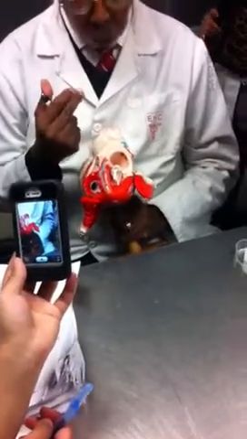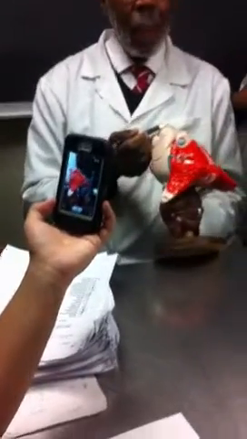Now, when the left ventricle contracts, it pumps blood through the aortic semilunar valve. You see that there, back there? That's the aortic semilunar valve. And that then carries the blood to the ascending aorta.